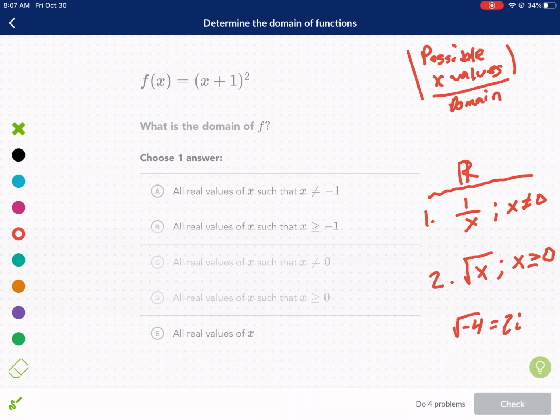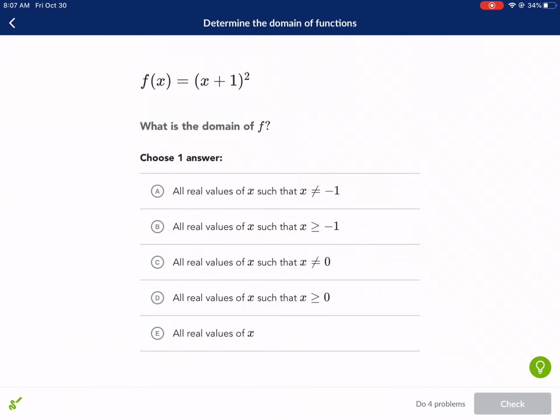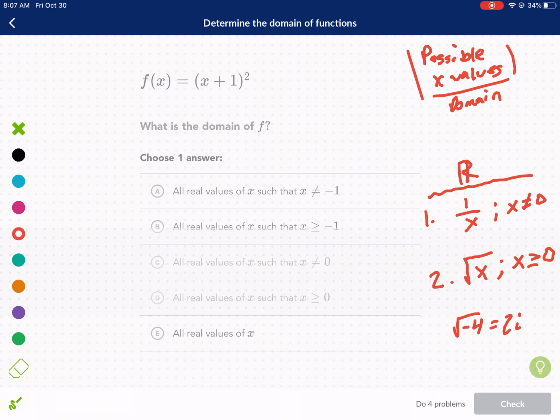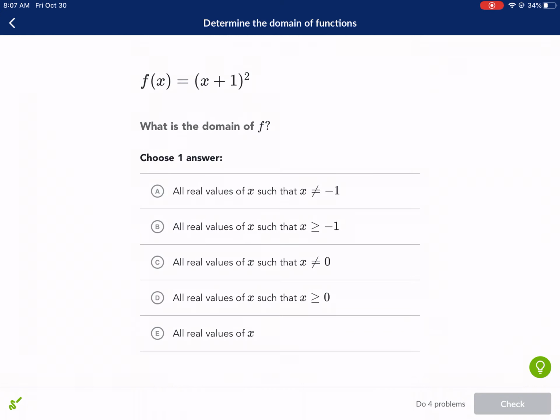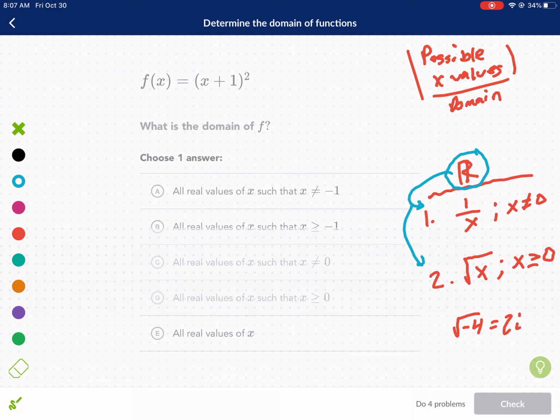Our first problem is, what is the domain of f, where f of x equals (x plus 1) squared? Remember, our assumption is it's going to be all real numbers except in these circumstances. We need to look for an x in the denominator or a square root of x.